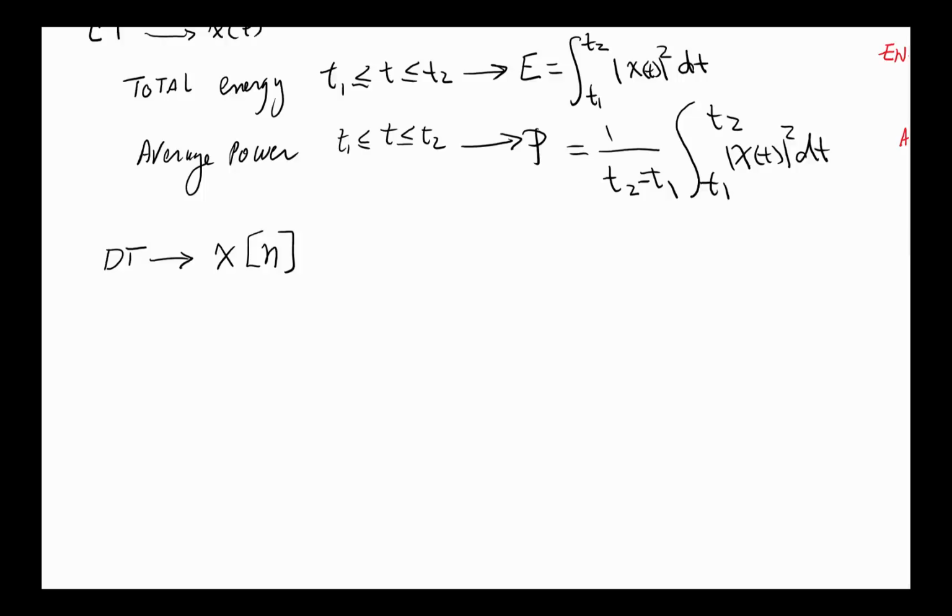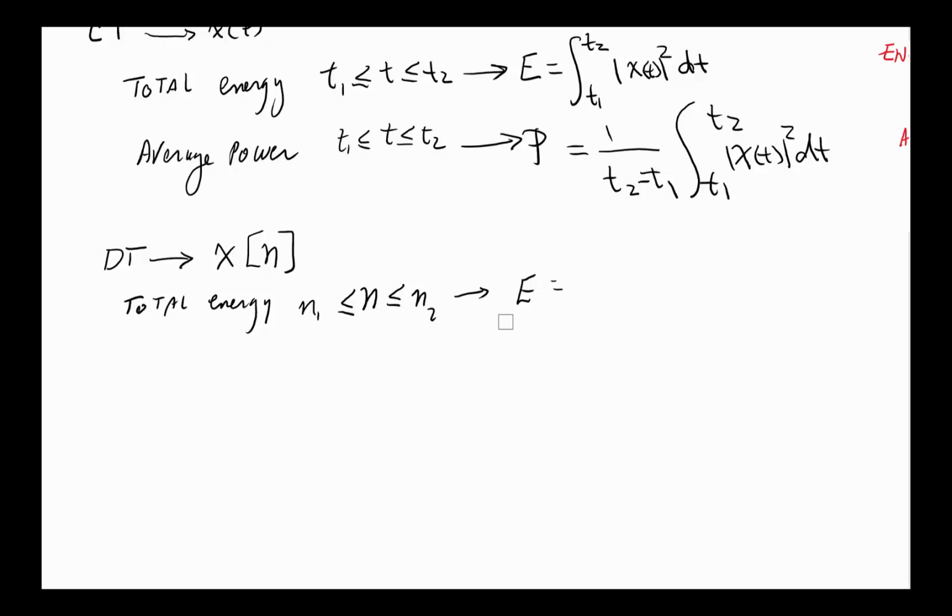Okay, so if you look at this one, we could also write the total energy for the period, where n goes from n1 to n2, and the process is similar. Instead of t1 to t2, by the way, it's no longer an integral, because n is an integer.